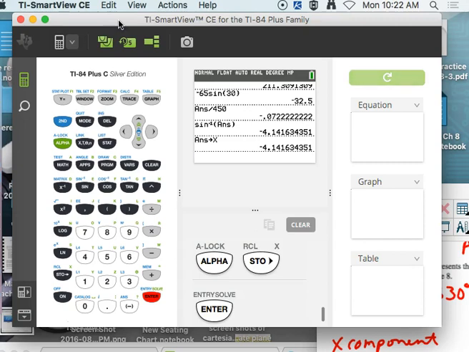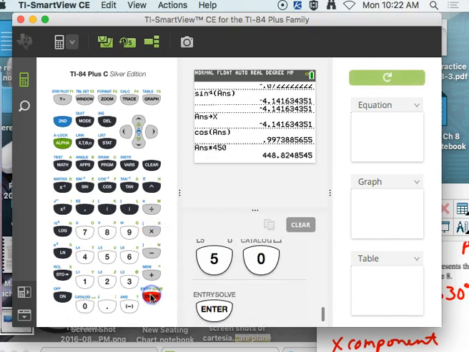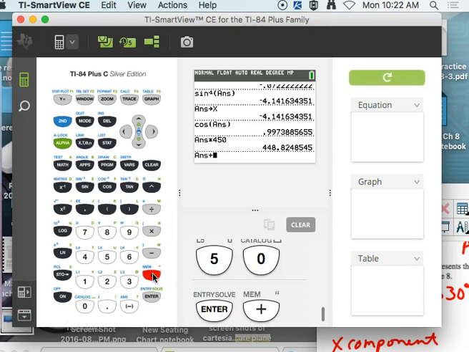But in the end, cosine of that angle, and we need to take that times 450 and we need to add 65 sine of 30.